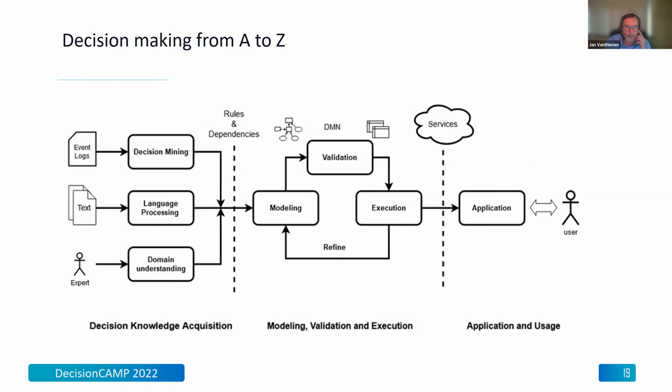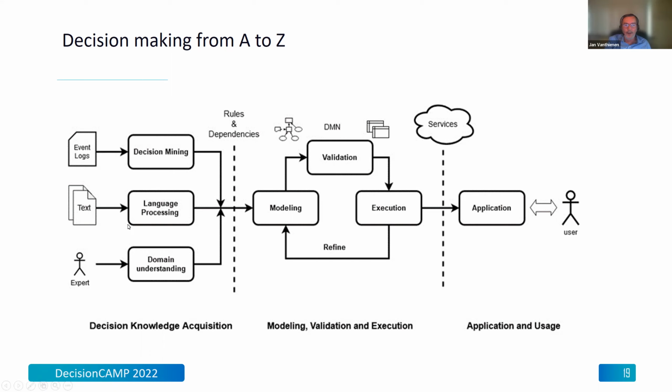And to conclude, a slide I used last year: sometimes we work on knowledge acquisition, trying to build better decision models using methodology or using decision mining or using machine learning techniques to build a model from data. We've done it last year.